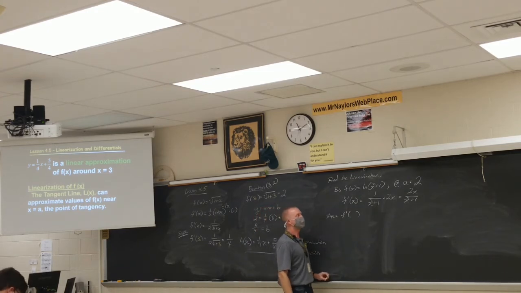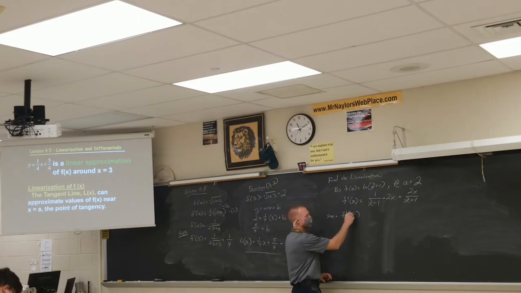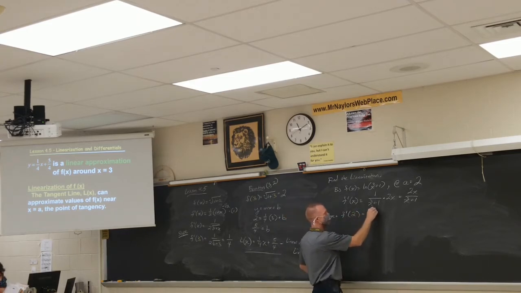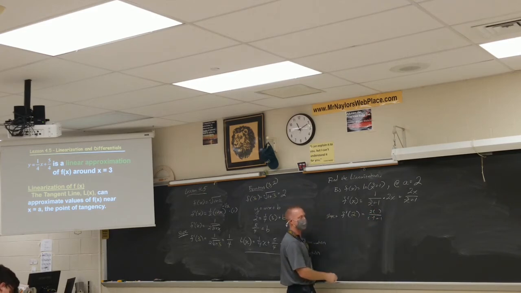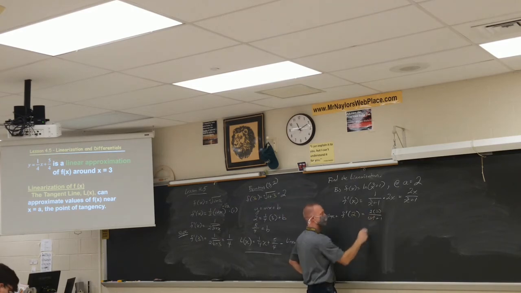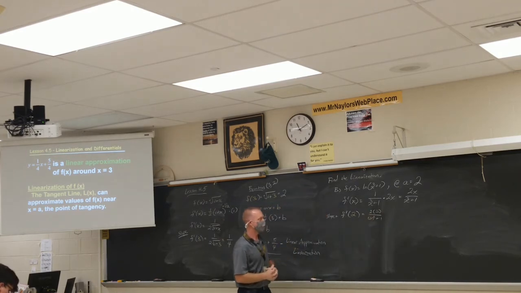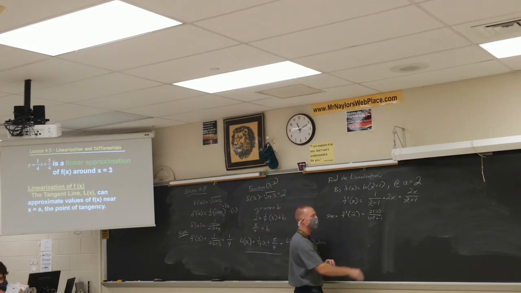So at A equals 2, and of course, that'll be our X value that we can plug in. Make sure you're plugging it into the derivative versus plugging it into the original equation. Of course, not yet. We want to plug into the derivative. Okay, get a little 4 over 5.